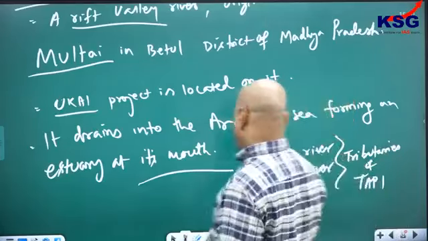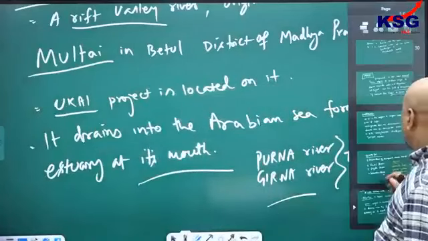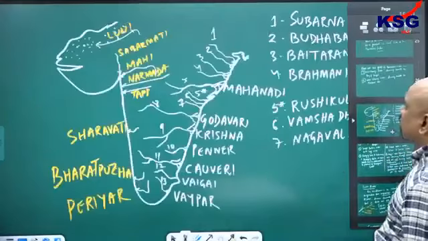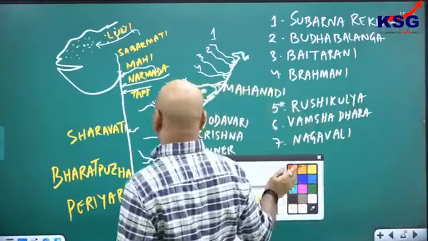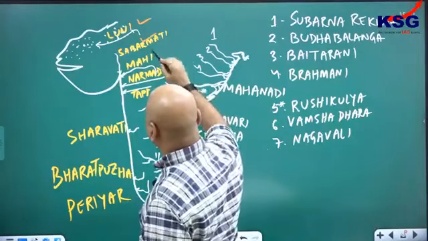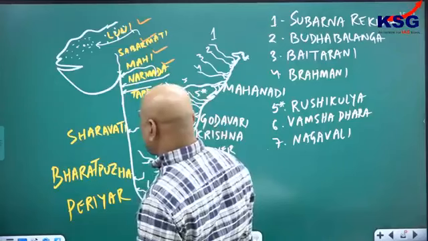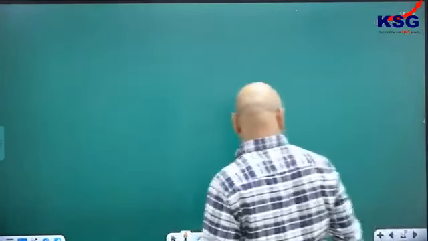Hope you got some idea now about these rivers. So after this, let me move on to that diagram here. We did discuss these rivers here: Luni, Sabarmati, Mahi, Narmada, Tapi. Now Saravati, Bharatpuzha and Periyar. Next one is Saravati.